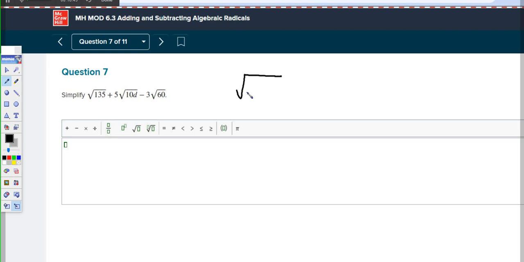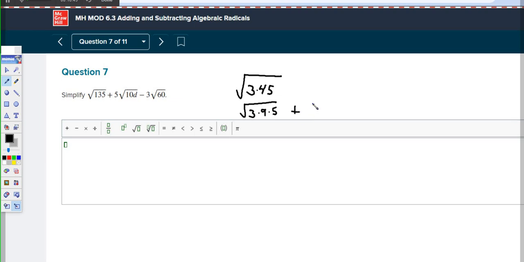There's your 120 plus 15. And then this breaks down to 3 times 9 times 5, and I'll leave it at that. The 3 and the 5 can't be broken down anymore. But I see that 9 is a perfect square, so I'll leave that alone right there.